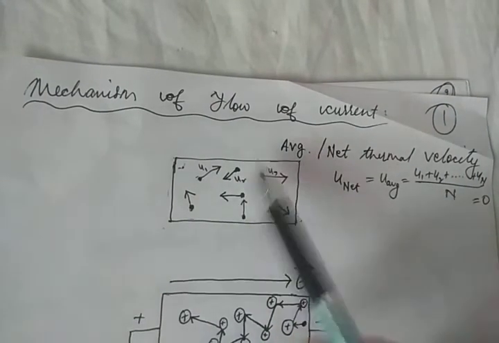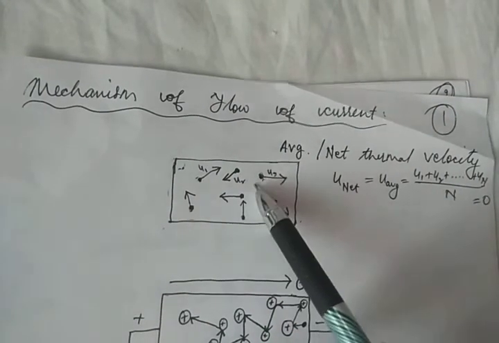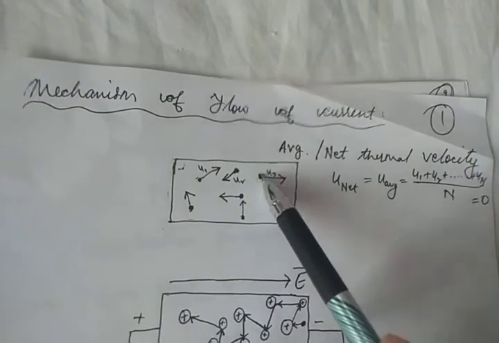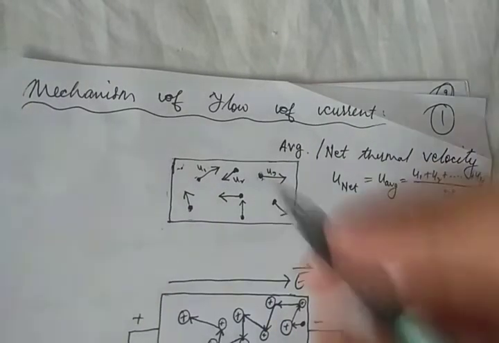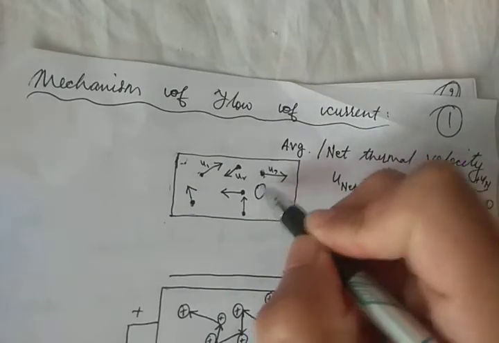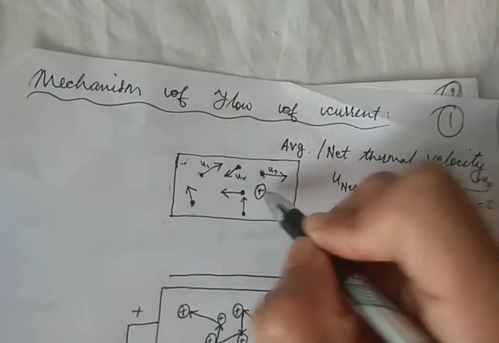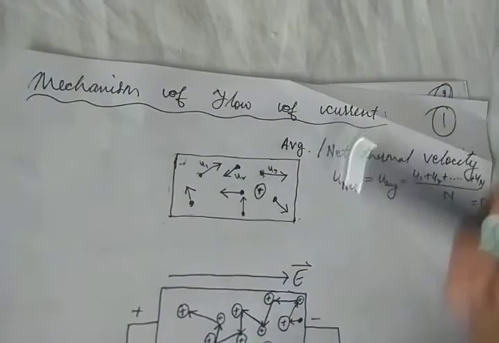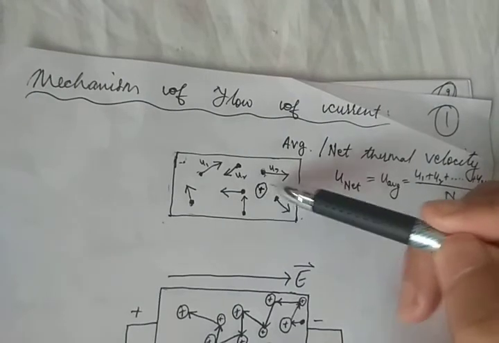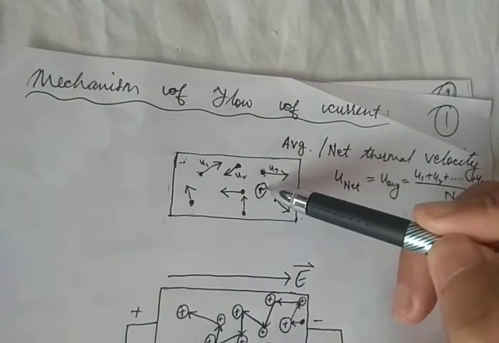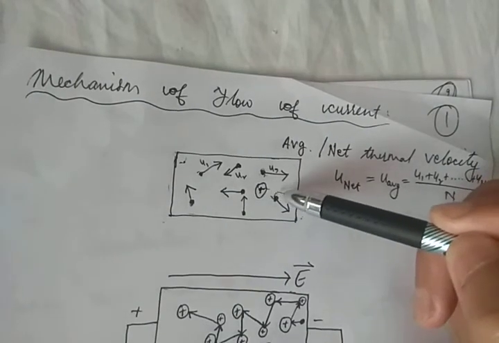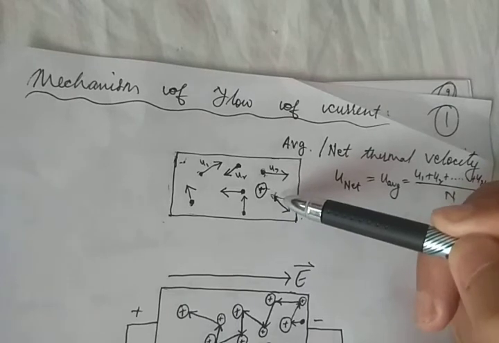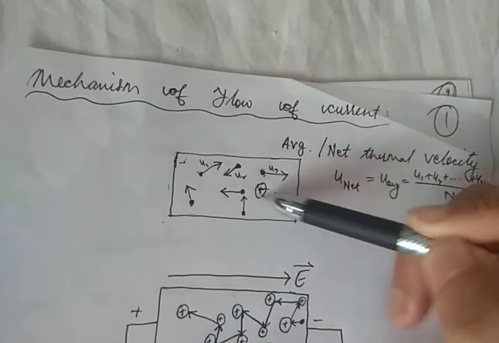In the process of moving randomly, very often they collide with each other, or they may also collide with ions, which I haven't depicted in the picture yet. These were actually atoms, and from these atoms, valence electrons jumped out and became free electrons, so the atom becomes an ion.